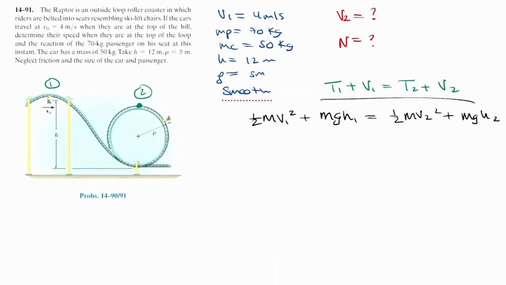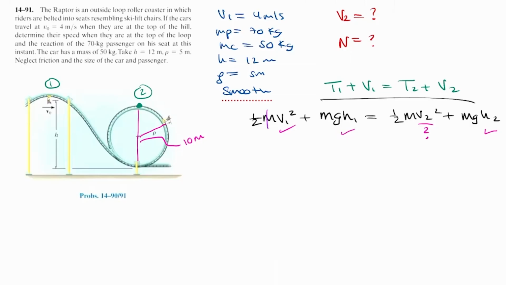Notice we do know all of these things. We know V1, it's given in the problem. We know H1, we know H2, because we know the radius. So if this is 5, then the total length here should be 10 meters, because that's the total diameter of the circle. So we have height 2, and we're looking for V2.